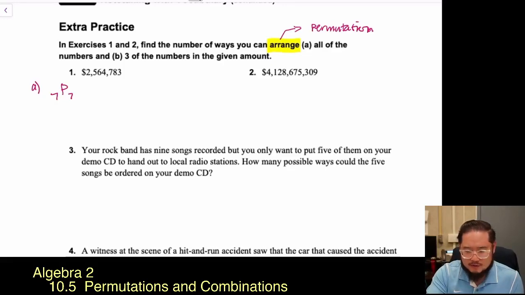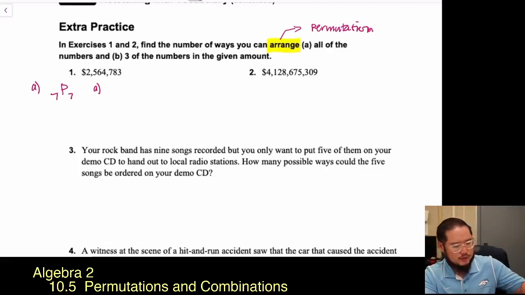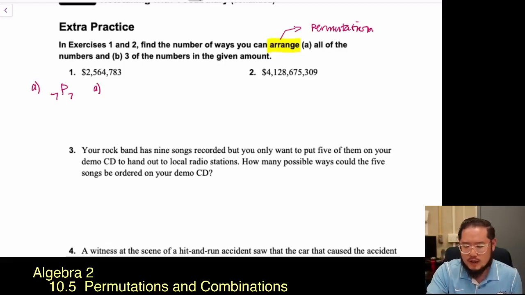All right, so this one's a little tricky, right? The first problem, they try to tell you, first off, remember, think about how many numbers we have, how many objects, and how many will be taken each and every time. And so we're going to arrange all 7 of them. So if we were to write this and do this by hand, I'd have 7 factorial over (7 minus 7) factorial.